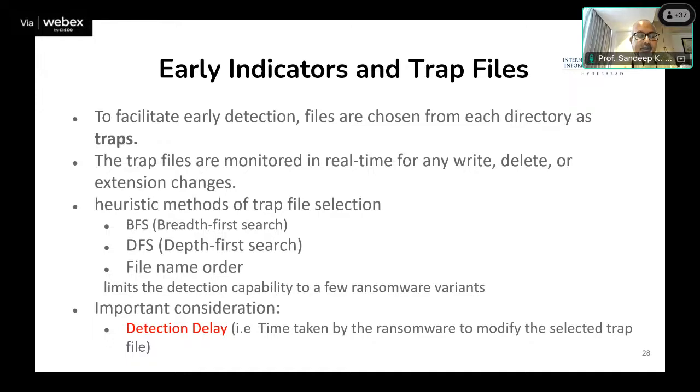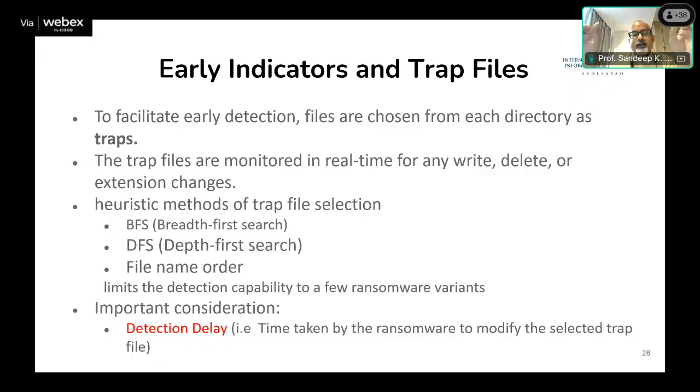So now the question is, how do you decide where to put the trap files? By observing various ransomware families, we found that some ransomware families start encrypting the directory hierarchy in a breadth first manner. You can think of the directory hierarchy as a tree, right?